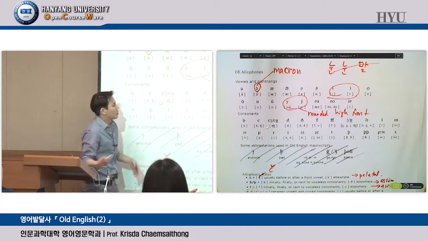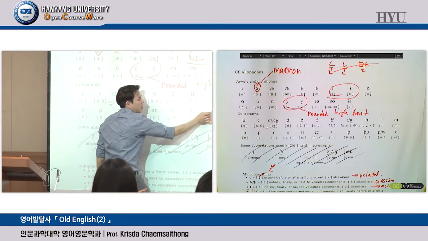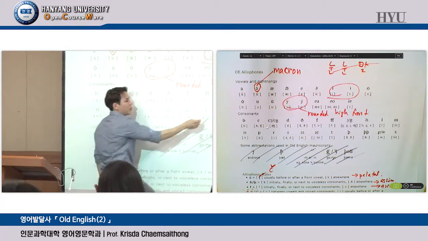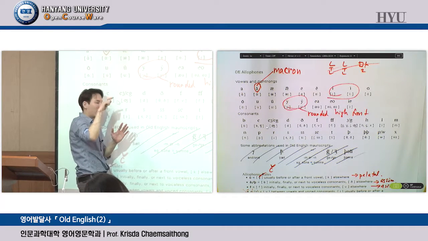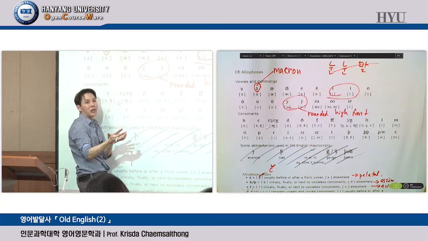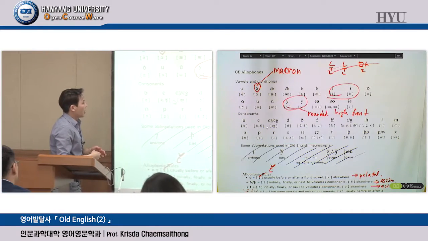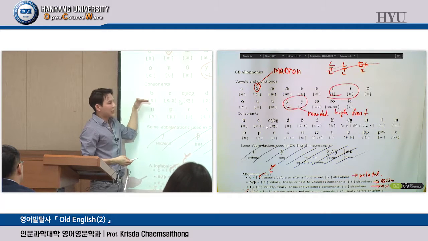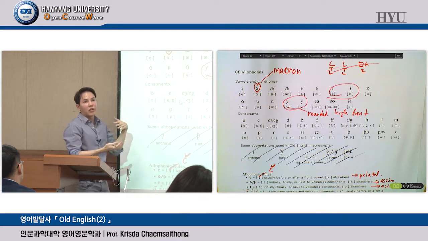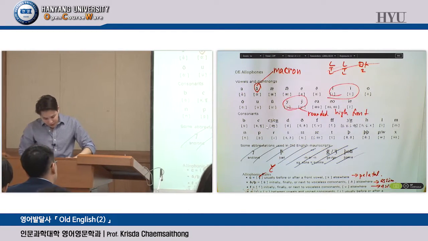What else? So the G could be one of these depending on the environment. It would be a Y sound when it's close to a front sound, like that. And so these are like the letters and the sounds, and the allophonic variation that you can see.